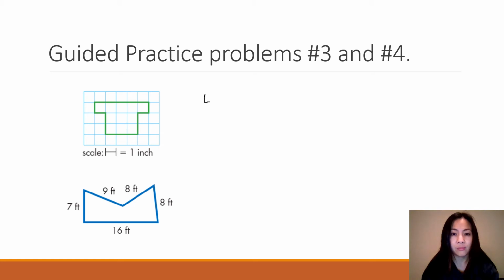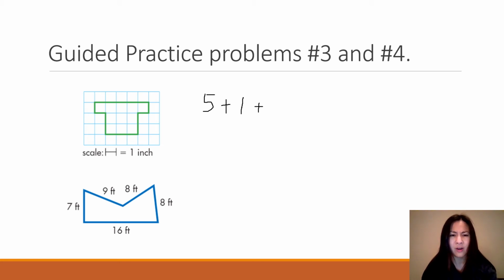And write down number 5. So 5 units. In this case, each unit is 1 inch. So there's 5 inches across the top, 1 inch along this side. And then we'll add another 1 inch right here.